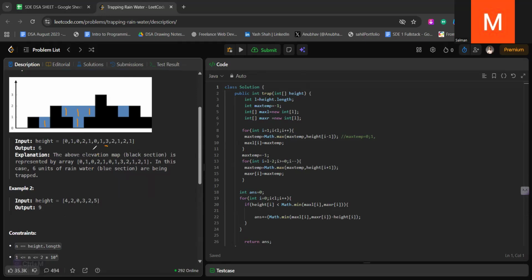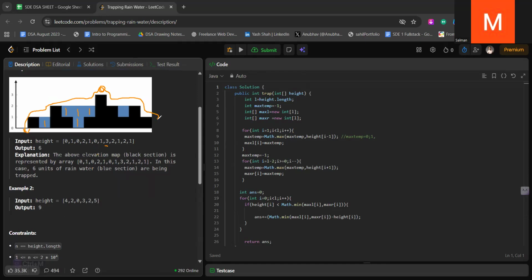And what is the leftmost highest boundary on the left side? I don't find any. So I don't think this will store any water, right? Any drop of water will flow from here to here and here, and then it will be wasted, right? On the right side also, there is no boundary.